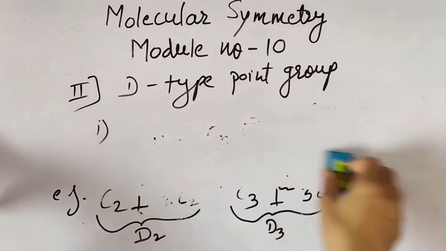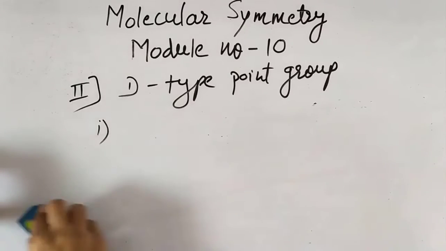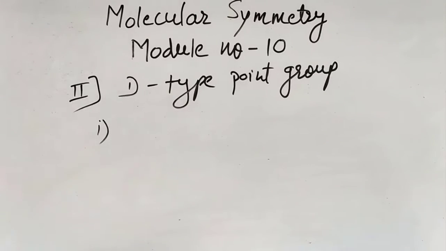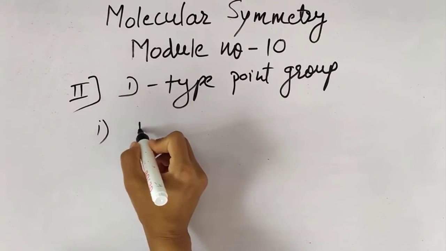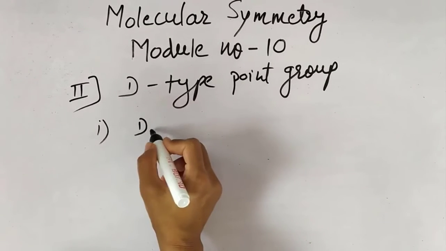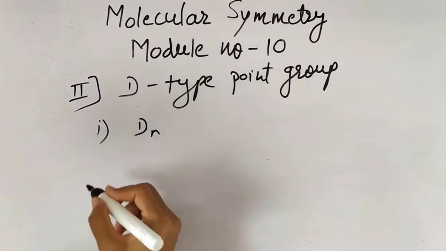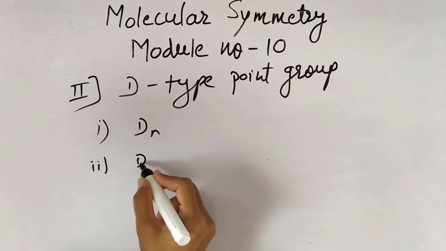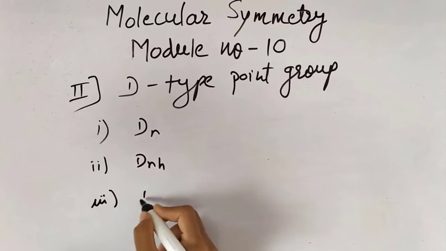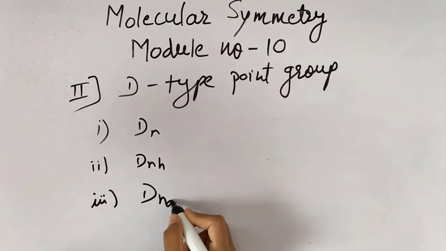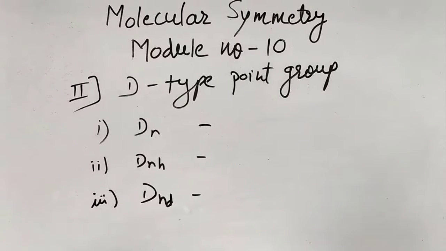Now we'll see the three subtypes of D type of point group one by one. This D type of point group also possesses three subtypes. The first one is Dn, second is Dnh, and the third one is Dnd.